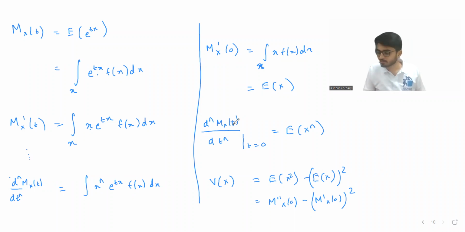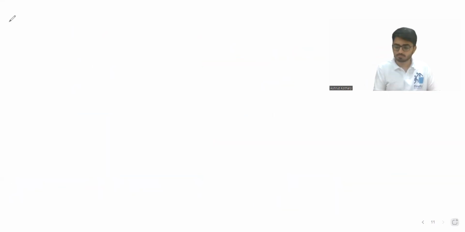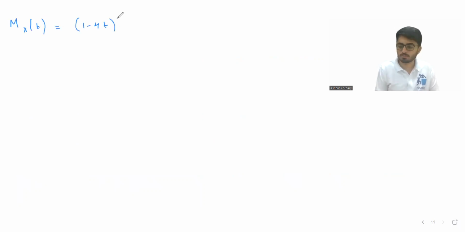That is T. Take this question: Mxt is equal to 1 minus 4t to the power minus 2.